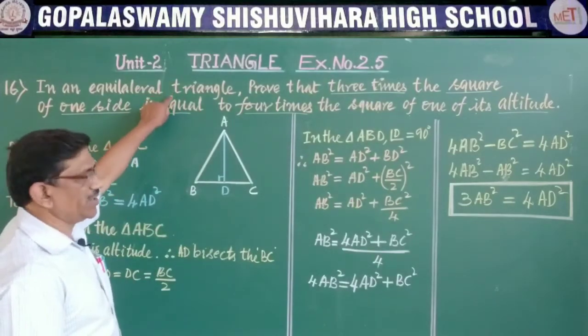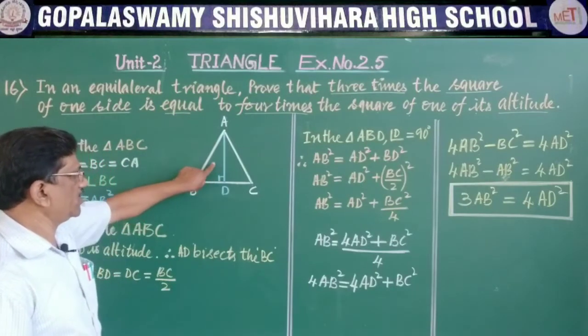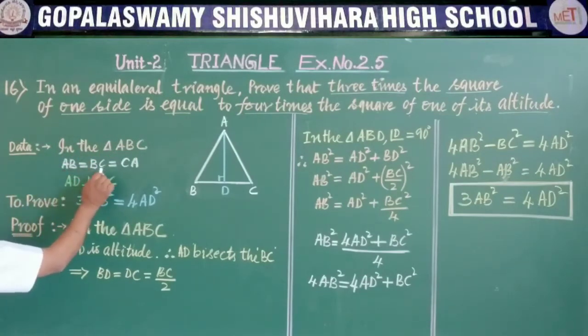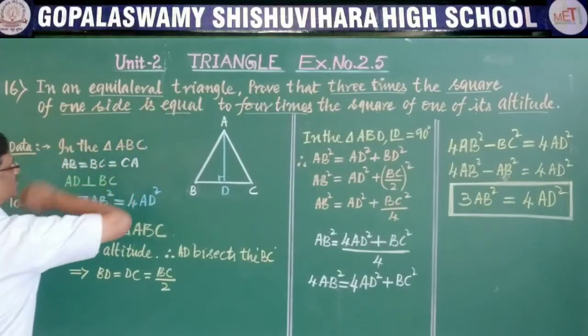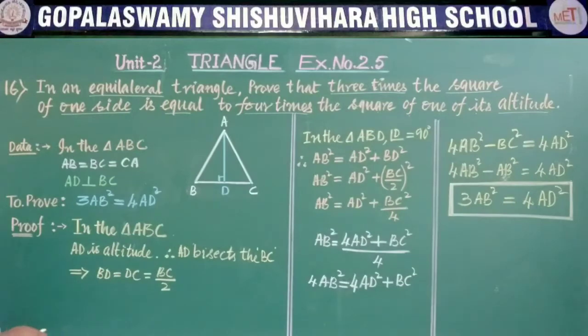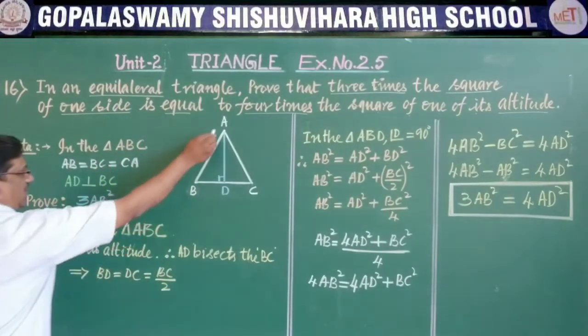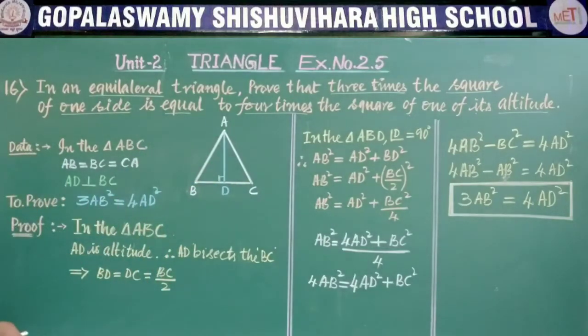According to the statement, the figure is drawn. According to the figure, the data is written here. In the triangle ABC, AB is equal to BC is equal to CA because it is an equilateral triangle. And the altitude they asked for, AD perpendicular to BC, is drawn.